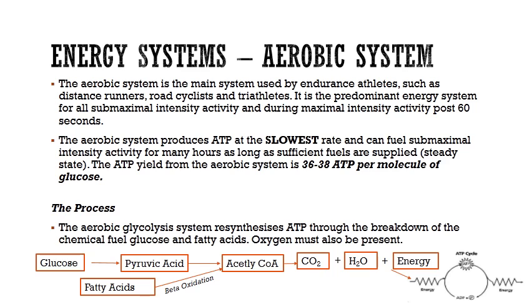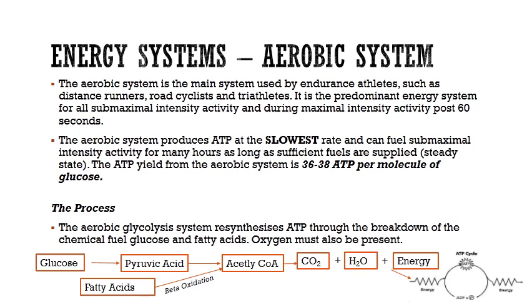So it's a slow supply of ATP, but it's a large supply of ATP. And essentially, providing you keep fueling your body, it could fuel activity non-stop, endlessly. There's no limit. You could just keep going and going.